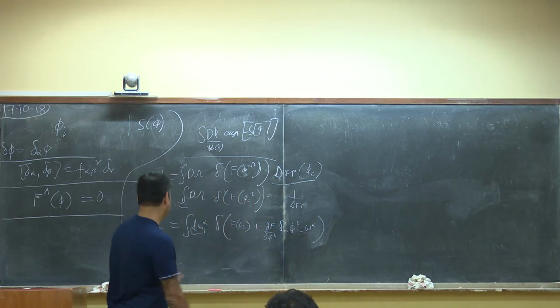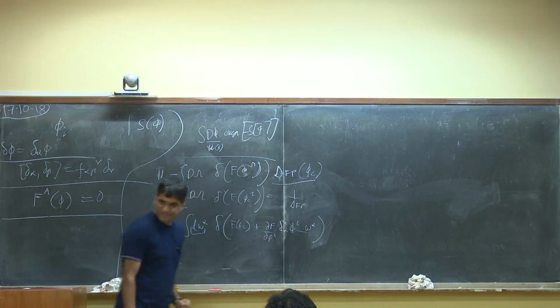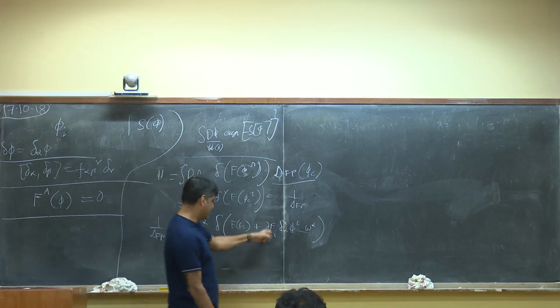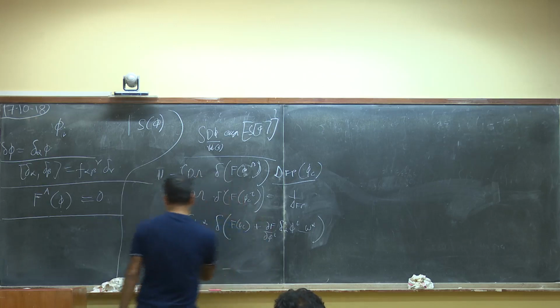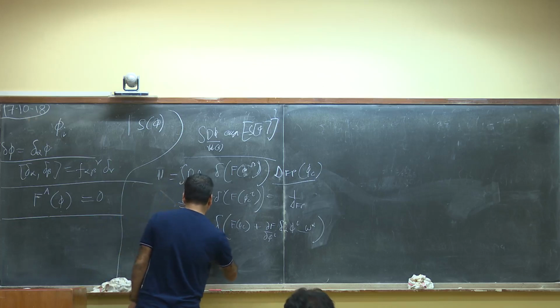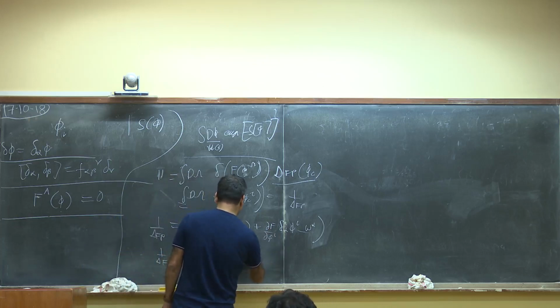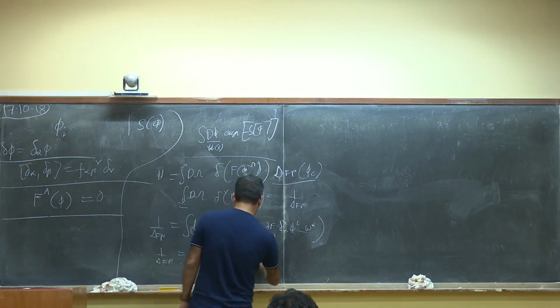Right? But this was 0 by definition. F of phi c was 0. This derivative is taken around phi equals phi c. And so this is 1 by delta fp is equal to the integral d omega alpha delta of del f by del phi I delta alpha phi I omega alpha.